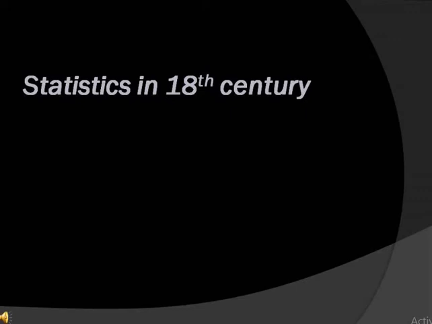At the end of the 18th century, the word statistics began to be used in England as an equivalent of the German word. The German word was Statistik with a K on its end, and the English word was statistics, which we are familiar with nowadays.